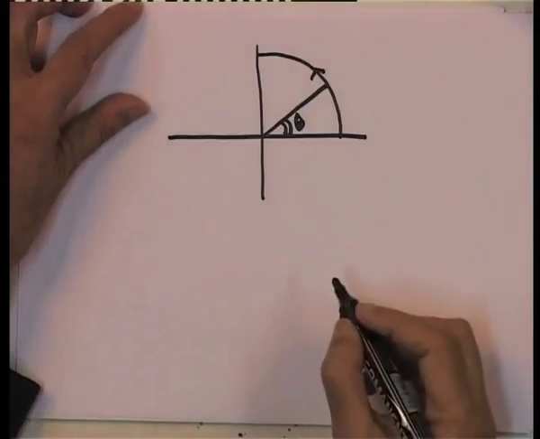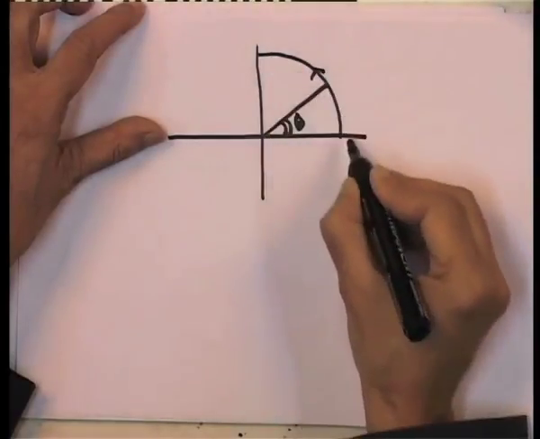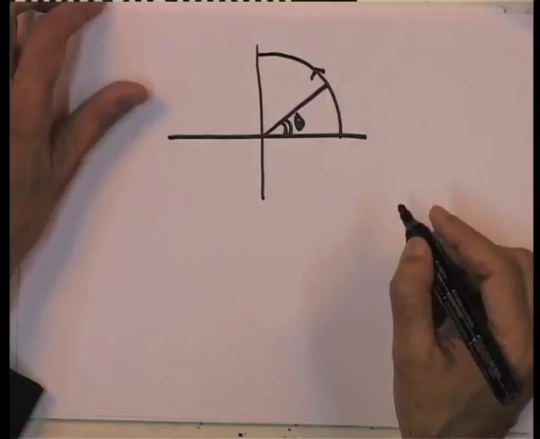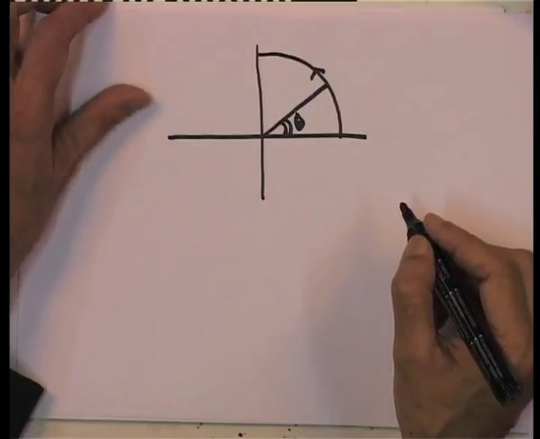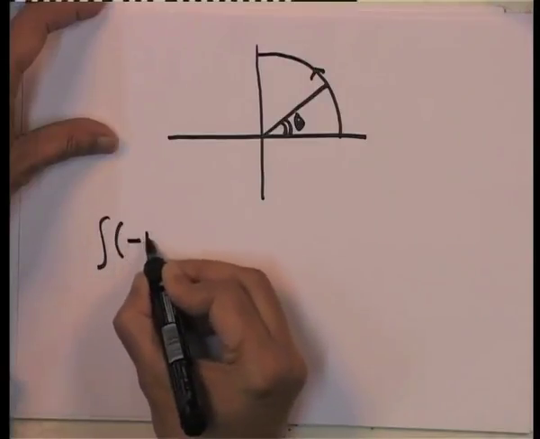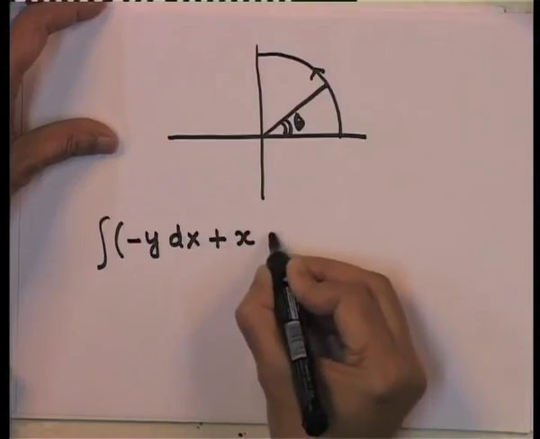This is a quadrant of a circle of radius 1, because I have said the equation is x square plus y square equal to 1, and I need to compute minus y dx plus x dy.